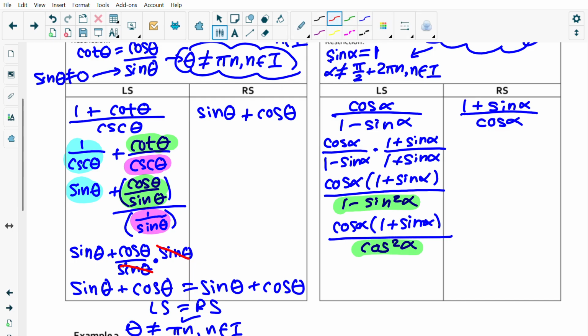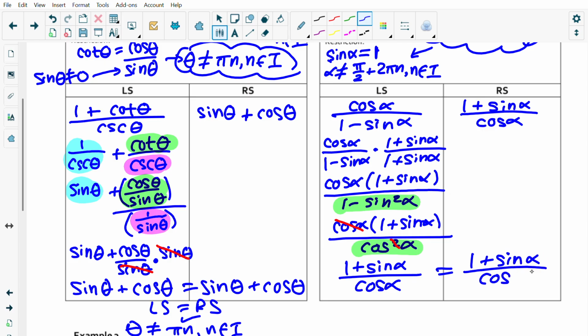Okay, and then cosine of alpha divides out 1 to 1 with one of the cosines of alpha in the denominator, so I'm left with 1 plus sine of alpha divided by cosine of alpha, and that most certainly equals 1 plus sine of alpha divided by cosine of alpha.